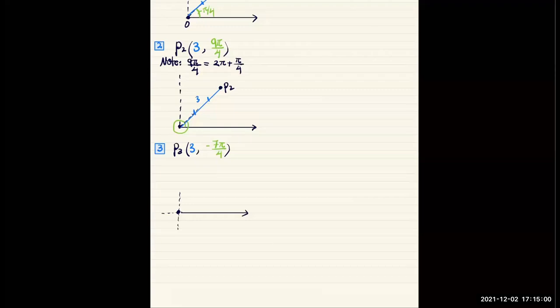If you remember from basic trig, when you go clockwise, that would be negative pi over 4. If I keep going, that angle would be negative 3 pi over 4. This would be negative 5 pi over 4. And just keep going clockwise, this would be negative 7 pi over 4.